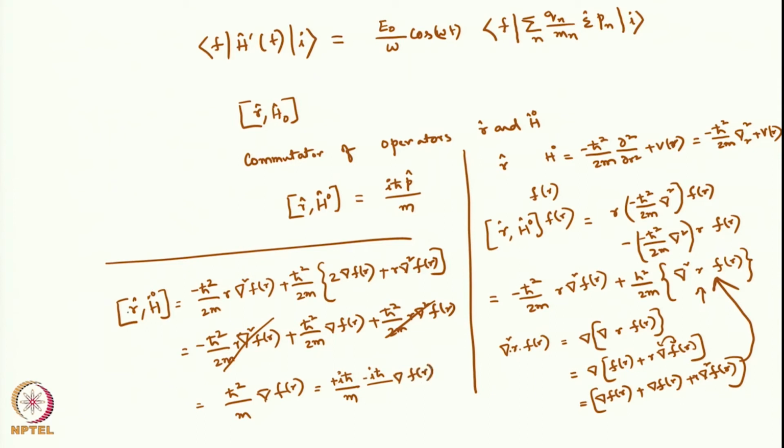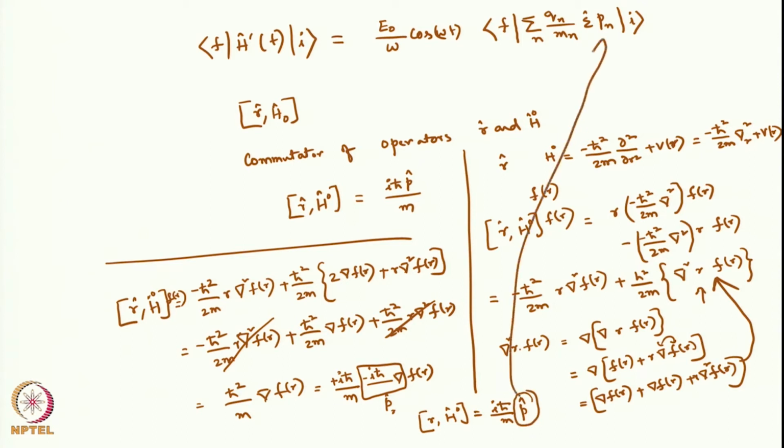Sorry, finally you do not have f of R because it is evaluated with respect to f of R, so then you have to put f of R here as well. But this is nothing but P. Okay. So, what you get is that the commutator R, H naught is equal to i h bar by m P. Because now I want to use this P operator here. Okay. So, let us continue.